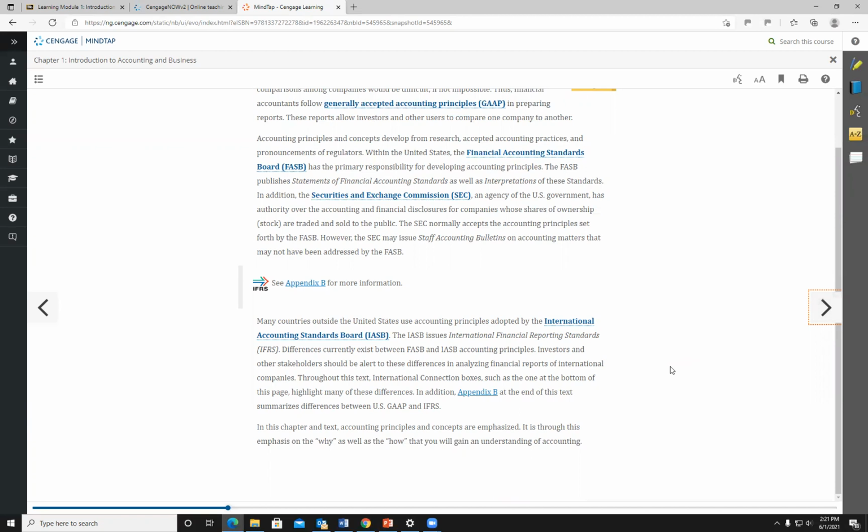There has been talk about the United States converting to the IASB, especially now that more and more companies are becoming international. And of course, with the use of the internet, it's obvious that it's more and more important that throughout the whole world, everybody be using the same accounting principles.